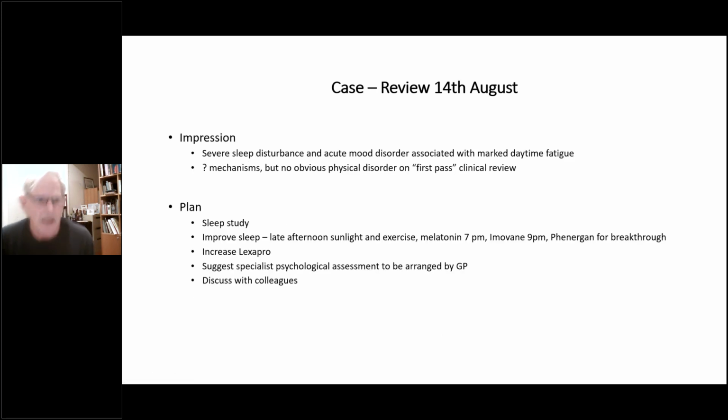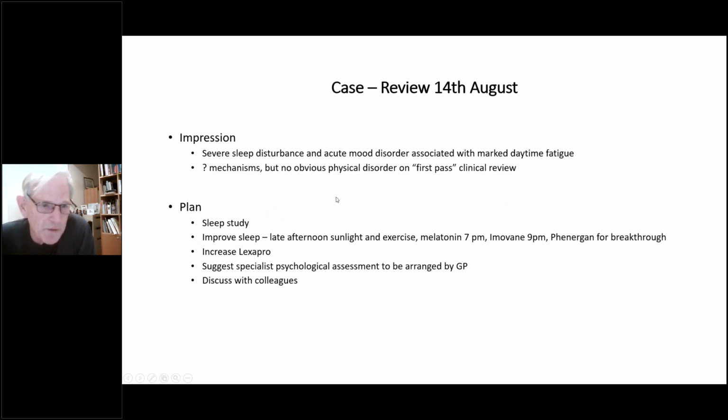And so I had the same feeling that her family physician had, that there was a severe sleep disturbance, an acute mood disorder, and that these were associated with and possibly contributing to the daytime fatigue. And I didn't want to ascribe any mechanisms, but I couldn't find an obvious physical disorder on a quick first pass clinical review.